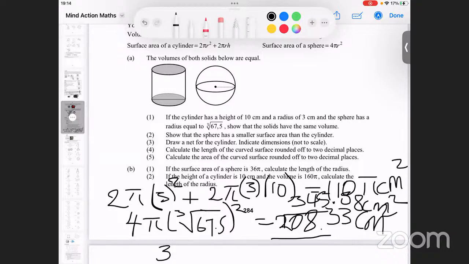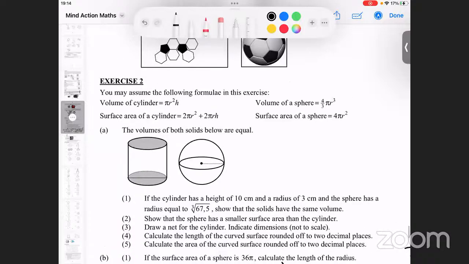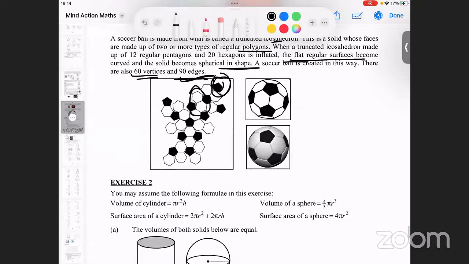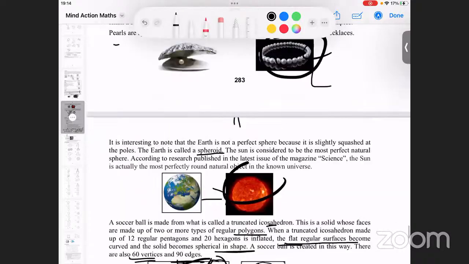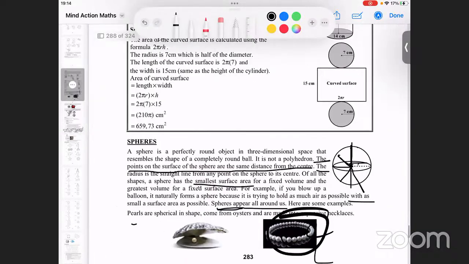Perfect. Now, they say draw a net for the cylinder and indicate the dimensions. Do you remember the net? Yes, ma'am.